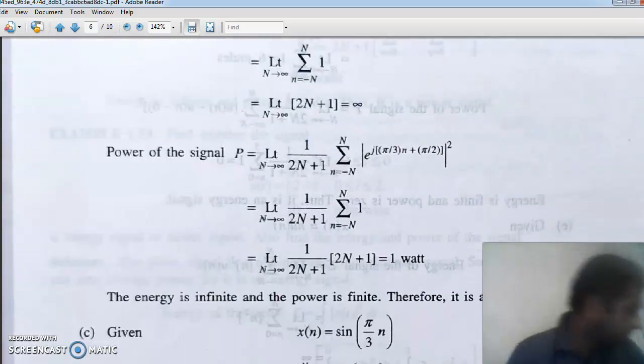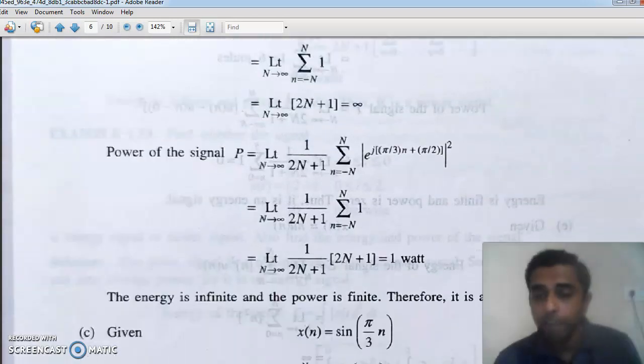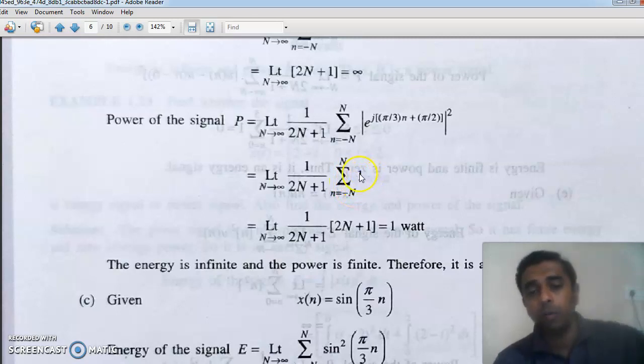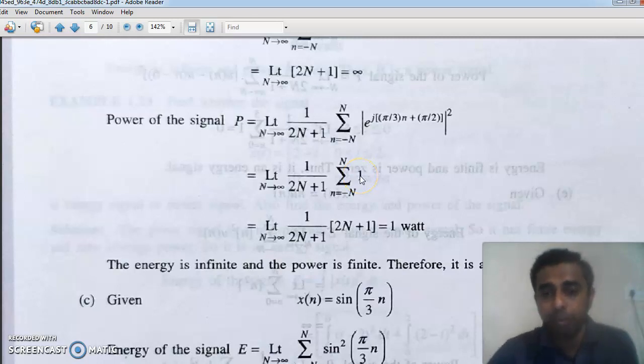Now what about power? By definition, this is the case. Again, it is a double summation of 1. But one thing happens when you perform the summation, because here there is a factor of 1 by 2N plus 1, what is happening inside is very important. 1 gets added from -N to -1, that is N number of times on the negative side, and N number of times on the positive side, from 1 to N, and in between you have a 1, that is at n is equal to 0.